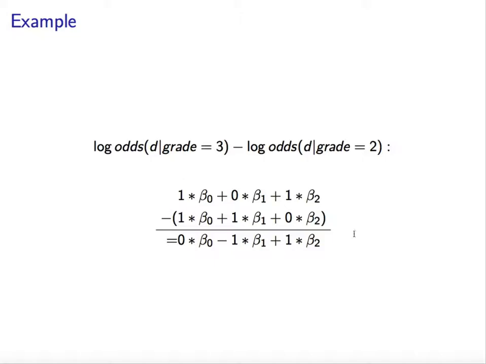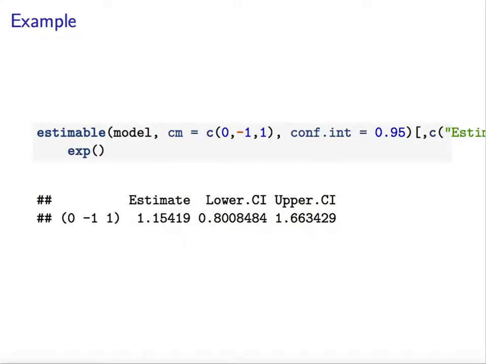We subtract that from this, we get 1 minus 1 is 0, 0 minus 1 is negative 1, and 1 minus 0 is 1. So these would be our contrasts, 0, negative 1, and 1.